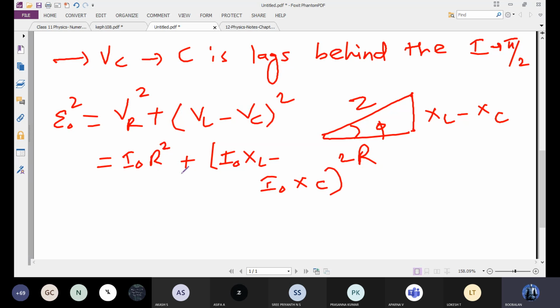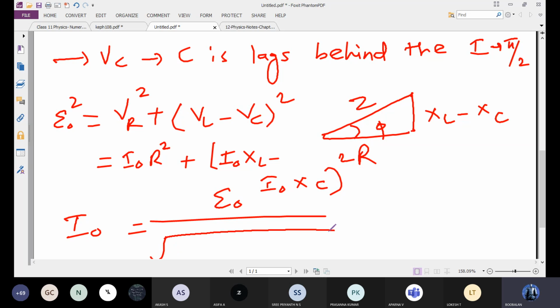So I naught is common, you can write it outside, and XL minus XC is there. You will get I, we need only the I naught value. So I naught is equal to E naught divided by the root of R square plus XL minus XC whole square. This is L. XL minus XC.